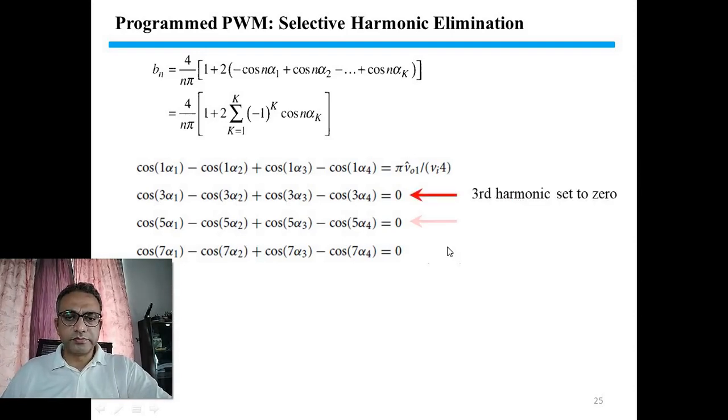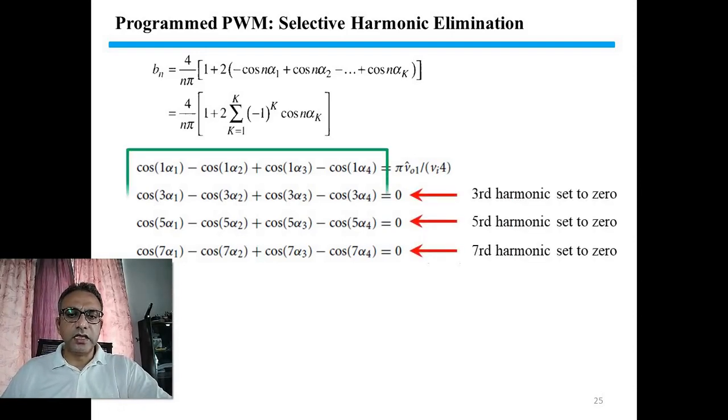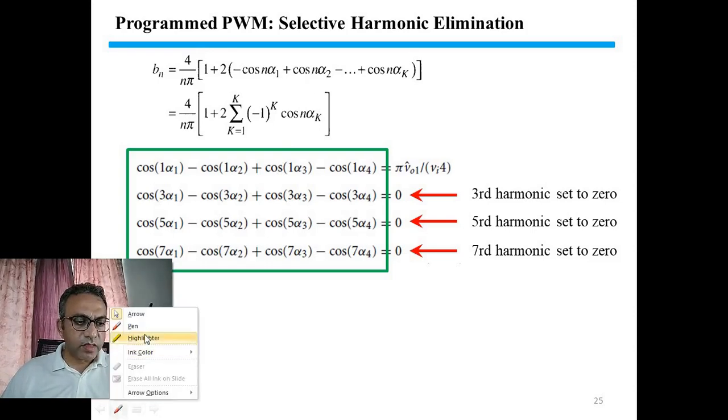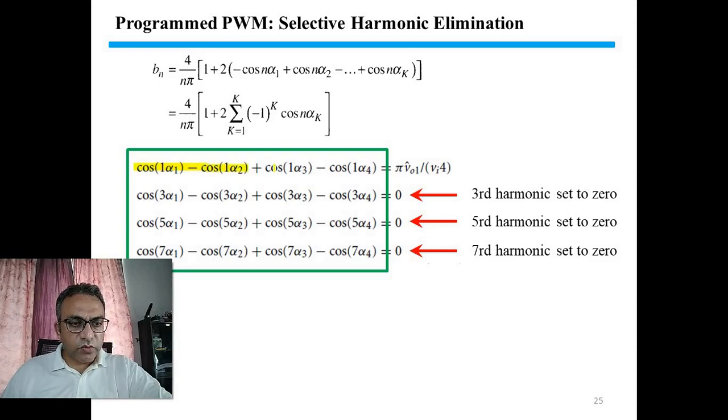This matrix represents the harmonics in our mathematical function of the waveform, where the first equation is when n is kept to 1, that is the fundamental component, and then n is 3 over here. This means that it is the third component, and then the fifth, and then the seventh.